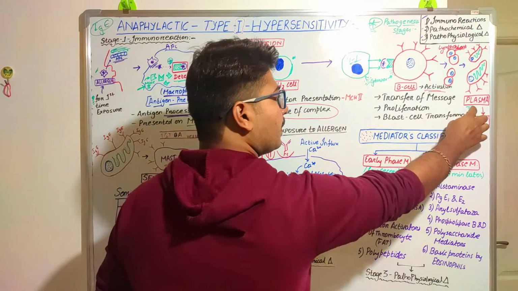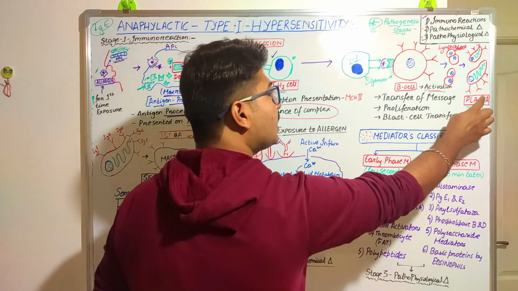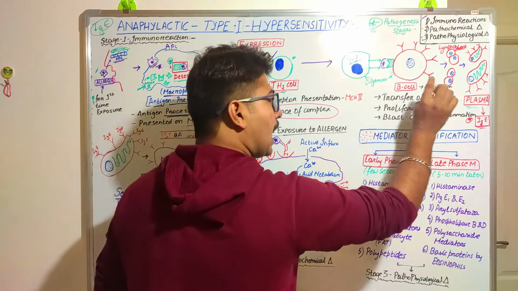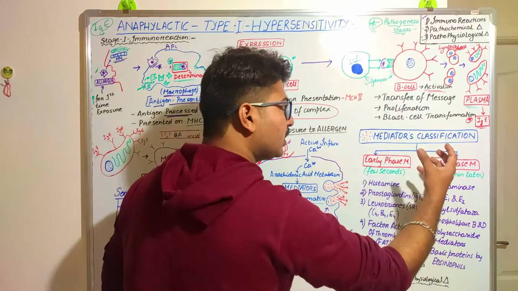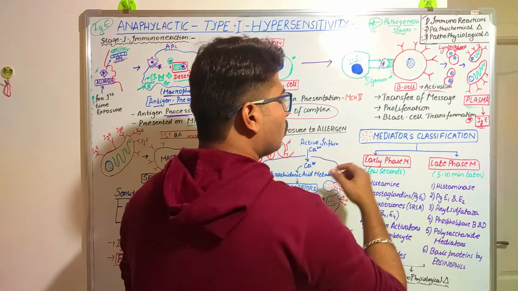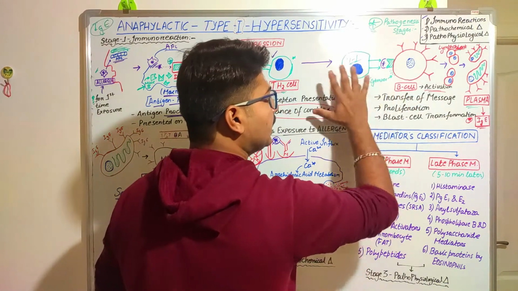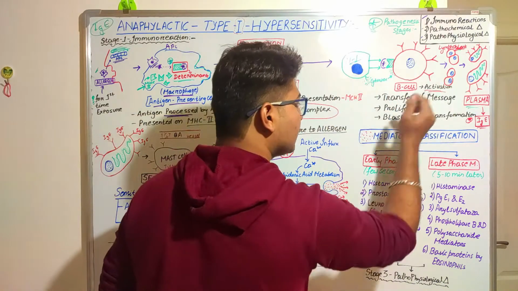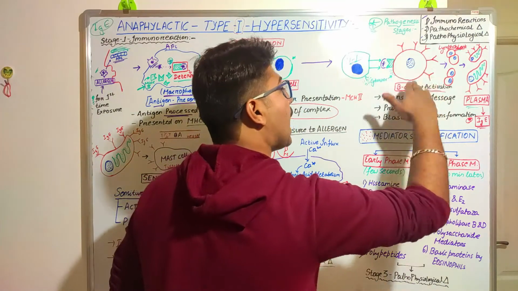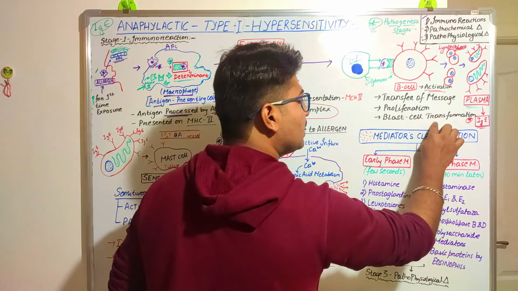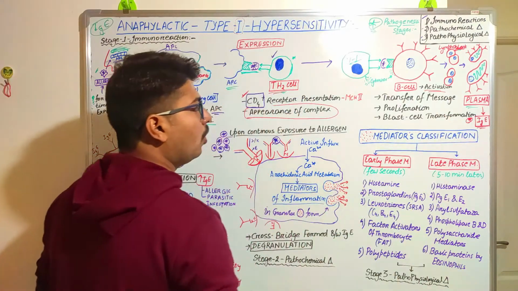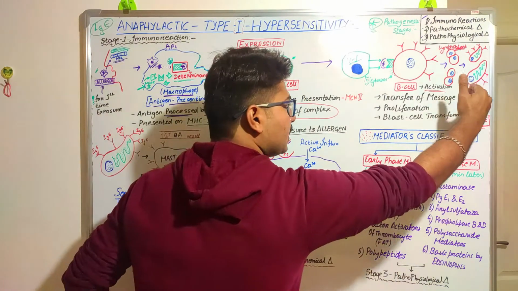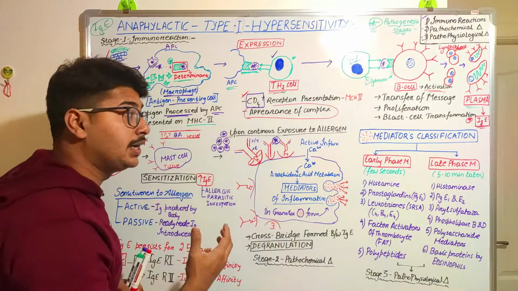So these plasma cells are actively forming or producing the antibodies. Here in this process there will be transfer of message, proliferation and differentiation through the blast cell transformation process. So these plasma cells will be producing the antibody.